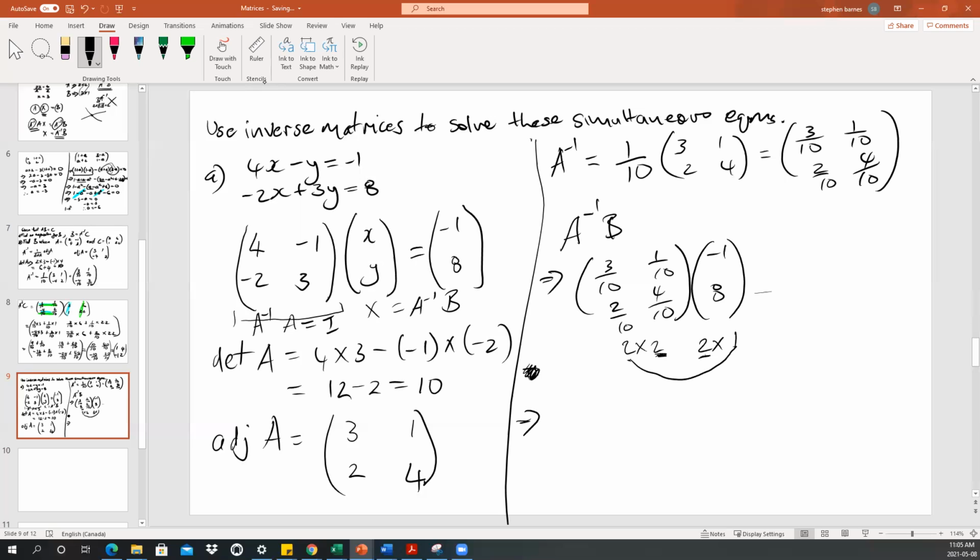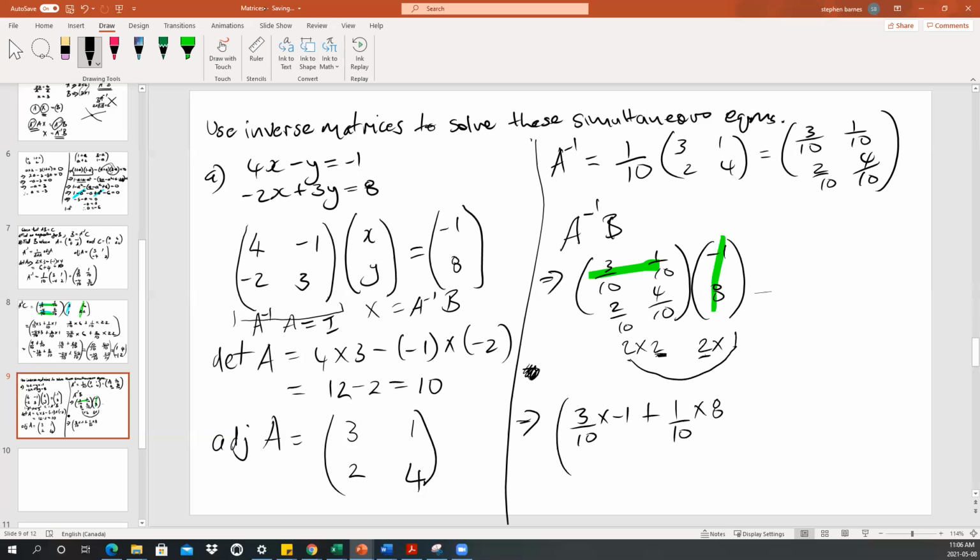All right, so we're going to do the multiplication now. We did this last time, and I told you to just think of row, column, and that's all I need to remember. So this is 3/10 times -1 plus 1/10 times 8.